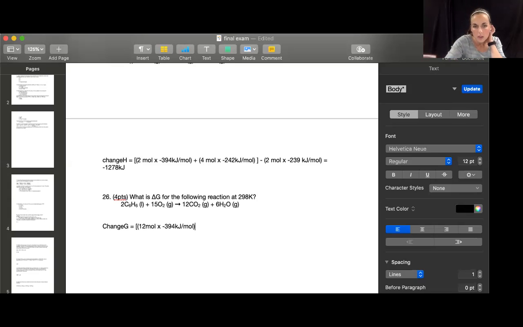Okay, so 12 times negative 394 plus, and then I'm going to do H2O in gas form. I've got 6 moles times, and let's find H2O. It's negative 229.